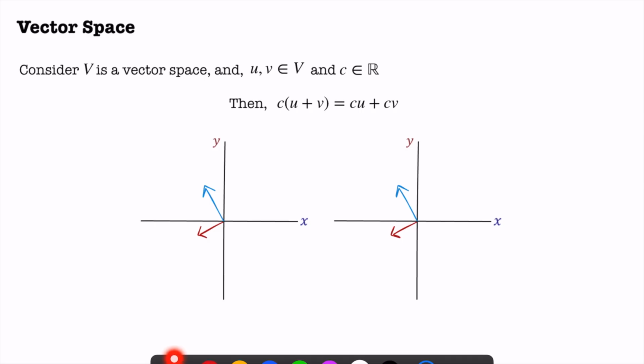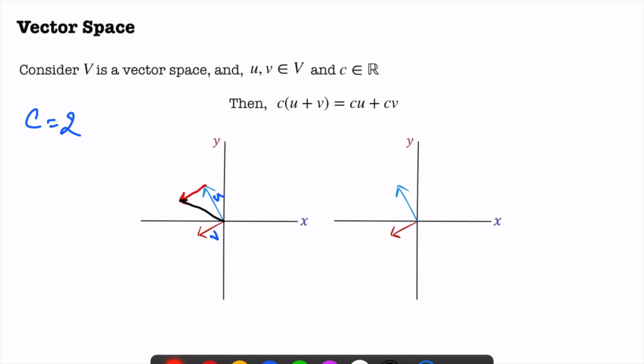Next, consider u, v are two vectors in this vector space capital V, and c is a scalar. Then c multiplied by (u plus v) equals cu plus cv. Consider this is u, this is v, and in the left hand side we are adding u plus v first, then multiplying that resultant vector with c. Consider c is 2, and first we will add u and v. So we'll move v and place it at the tip of u.